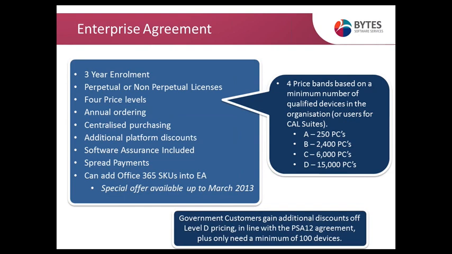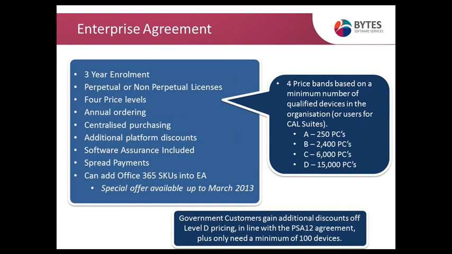Now, government customers automatically qualify for level D pricing, plus they receive extra discounts, again based on the PSA 12 agreement. The enterprise agreement is really around centralized purchasing. So you would cut individual annual purchase orders to Microsoft or to us for your entire organization.